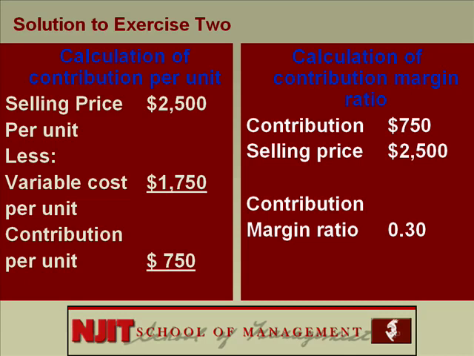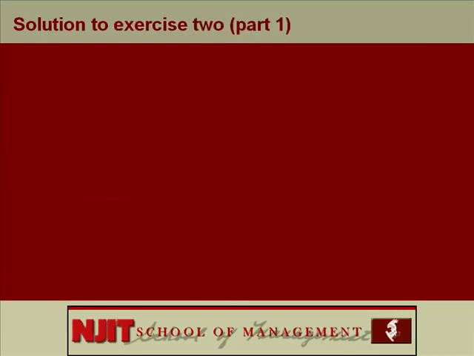Now we can start. There are two ways to do this problem. There's something called the equation method, and there's something called the formula method. Whichever technique you use, you get the same answer. Let's do the equation method first. So I'm going to take you through this step by step.